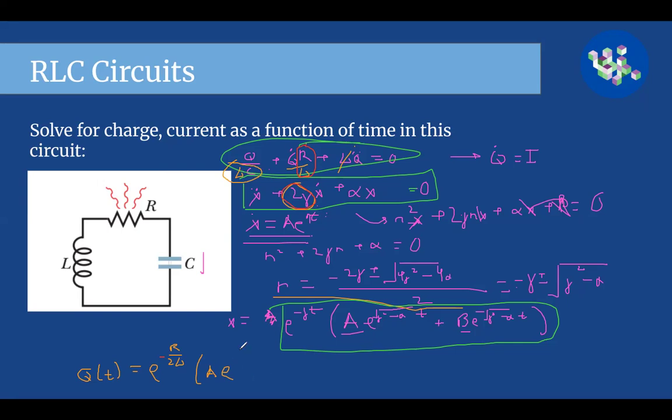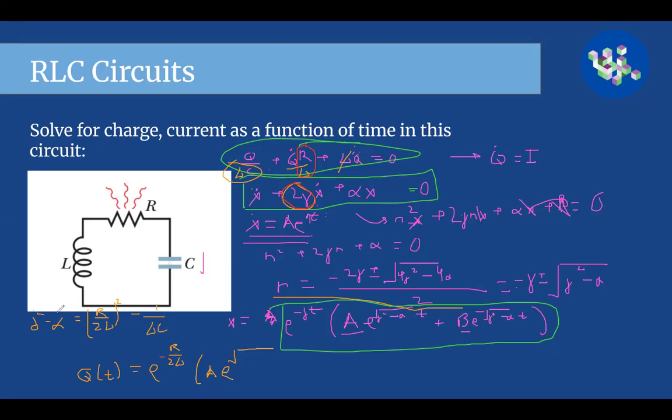So what's gamma squared minus alpha? It'll be equal to r over 2l squared minus my alpha, which is 1 over LC, right?